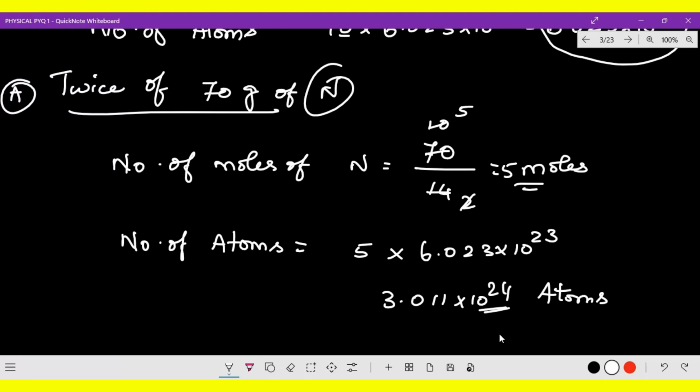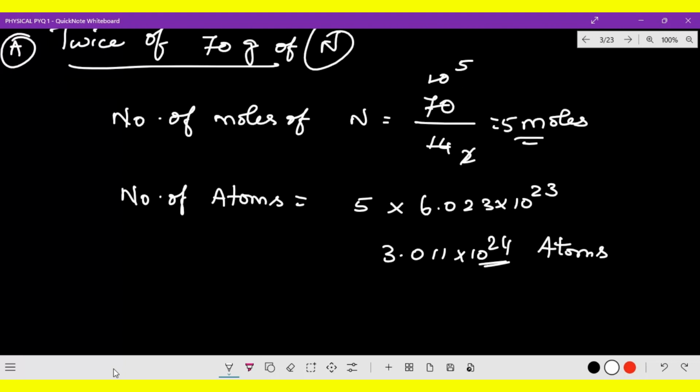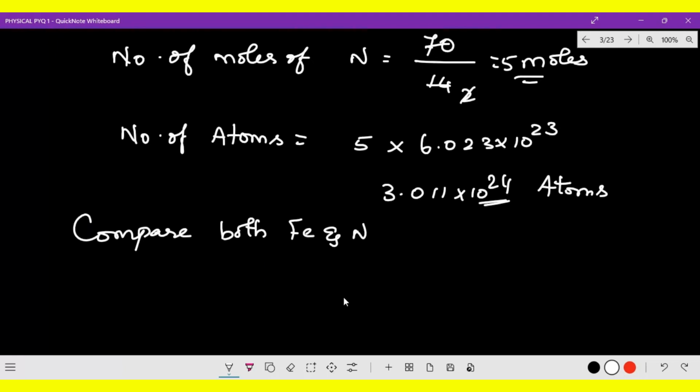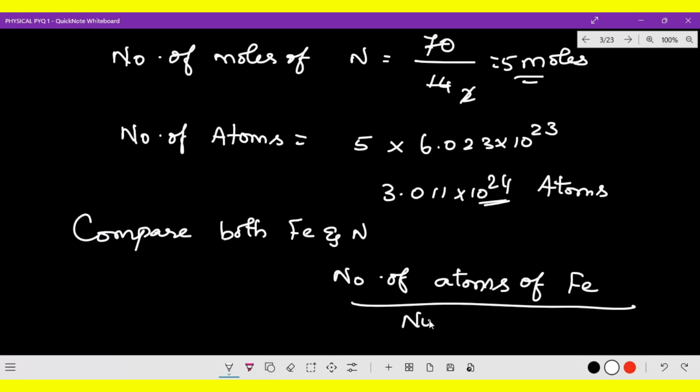Now we have to compare both, iron and nitrogen. The number of atoms of iron divided by the number of atoms of nitrogen.